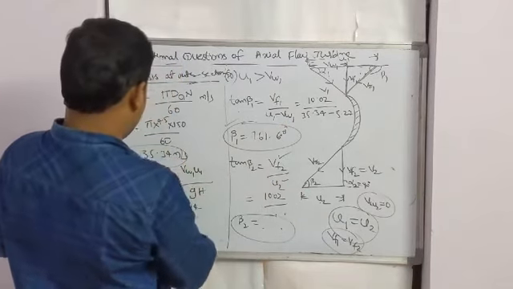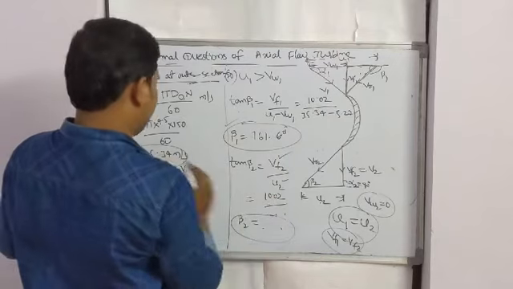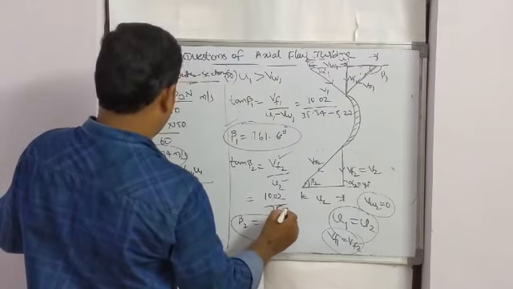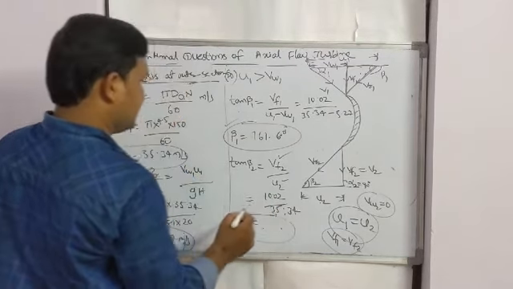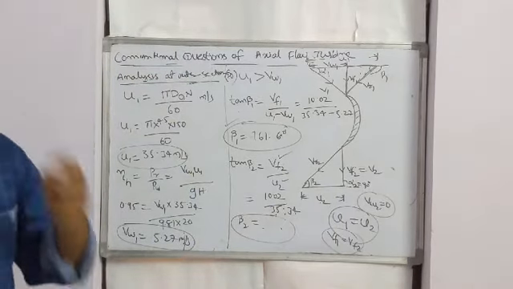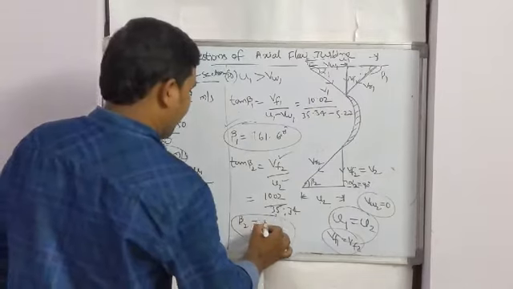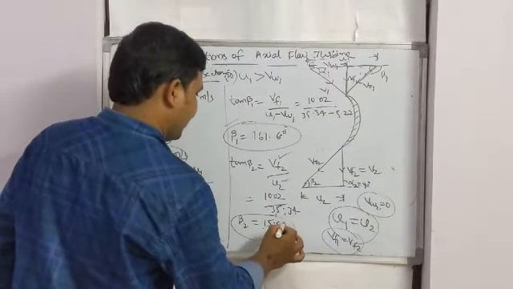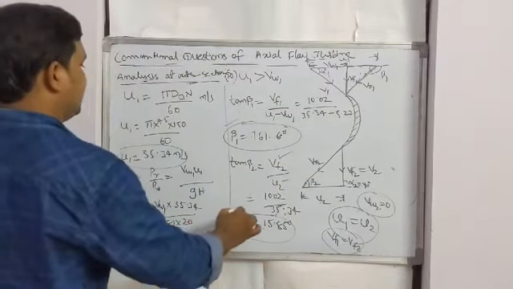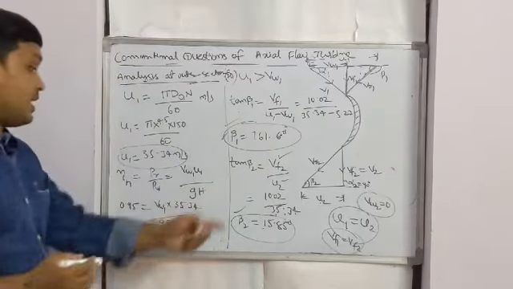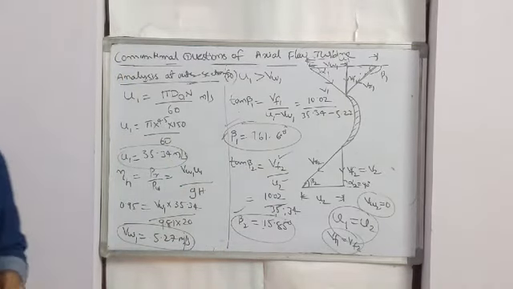U2 is the same as U1, that is 35.34. By substituting all of this, tan beta 2 we got as 15.85 degrees. So these are the answers, the runner vane angles at the outer section or tip section of the runner.